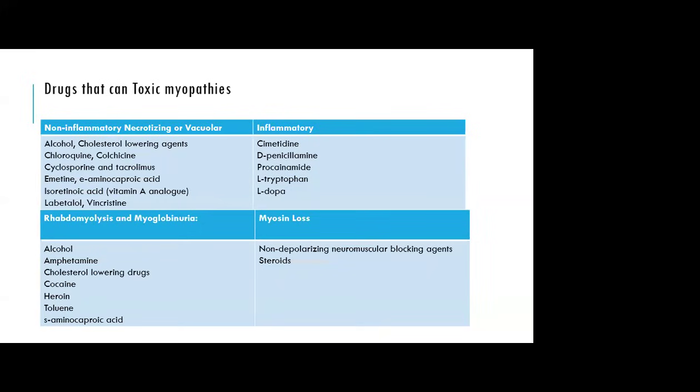Then rhabdomyolysis and myoglobinuria secondary to alcohol, cocaine, amphetamine, heroin, toluene. Then inflammatory, secondary to cimetidine, D-penicillamine, L-tryptophan, procainamide, and sometimes even L-dopa. Myosin loss, we have non-depolarizing neuromuscular blocking agents and steroids.